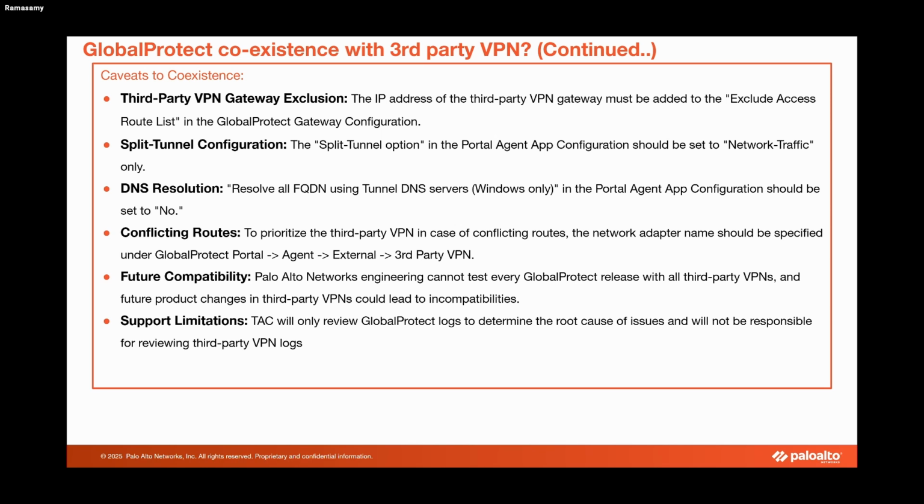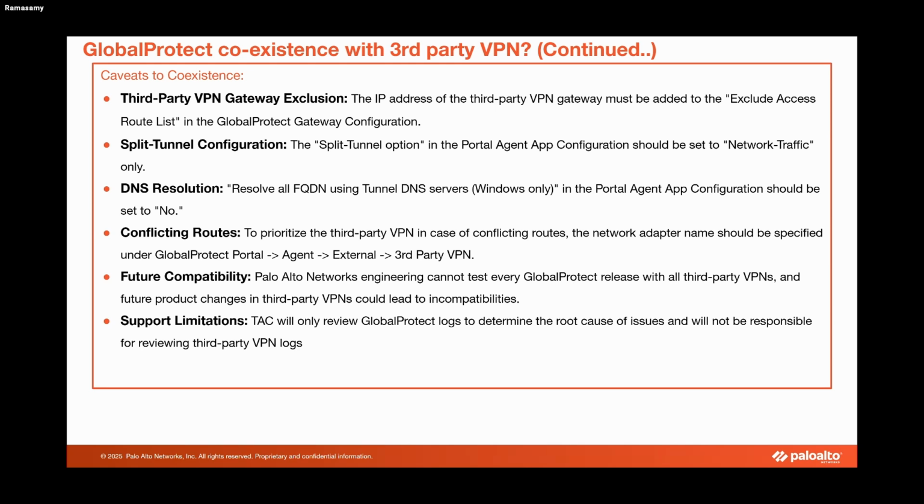And it cannot be used as a full tunnel, which will create a conflict with GlobalProtect. Make sure the IP address of the third-party VPN gateway, I mean the peer IP address of the gateway, is excluded from the access route in the GlobalProtect gateway configuration.